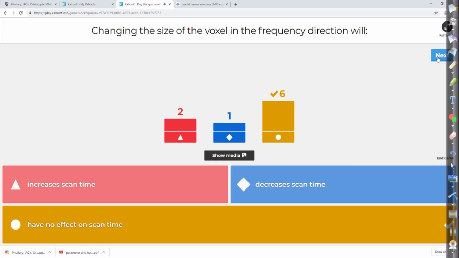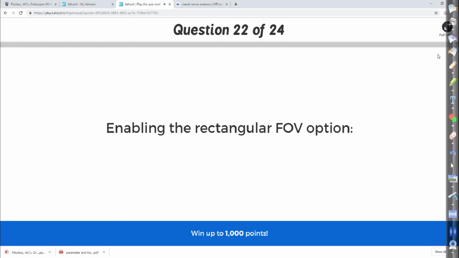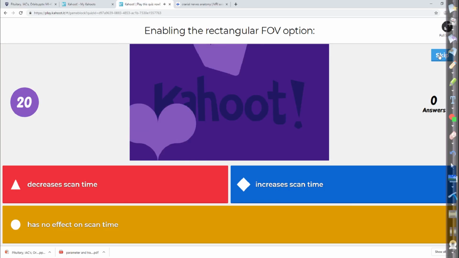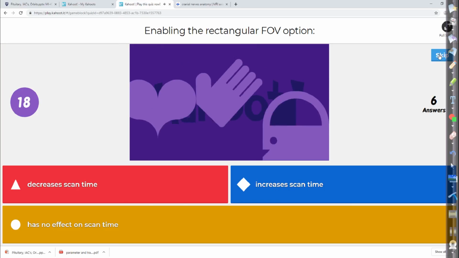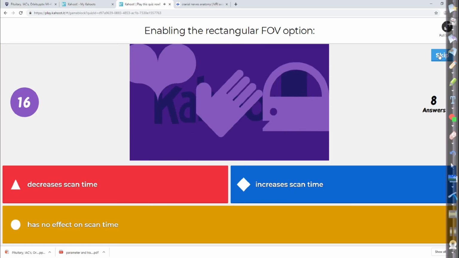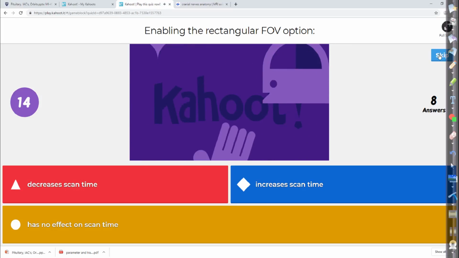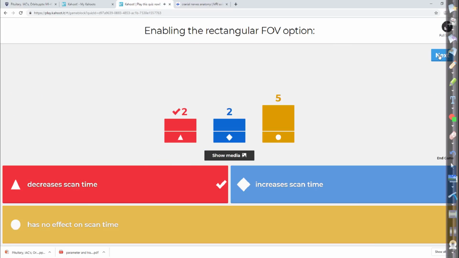Just a different way of asking a trick question. Decreases our scan time. We're not filling as many of those phase encoding steps. They're there, but we're just not filling them.